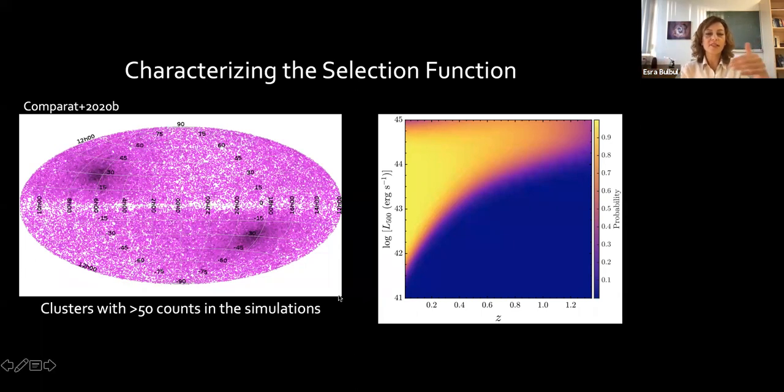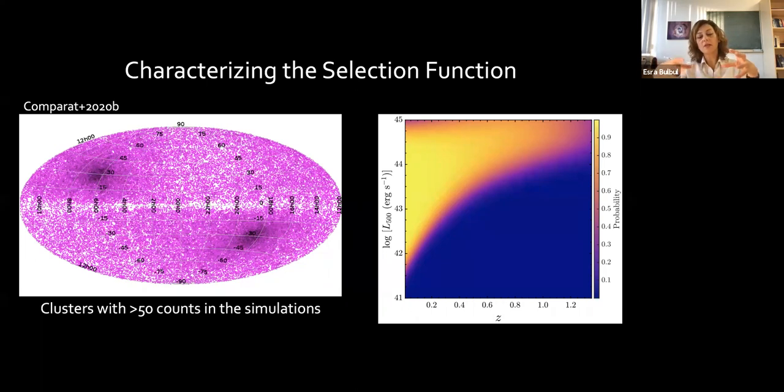For the construction of our selection function, we use state-of-the-art N-body simulations. We feed them with some embedded baryons to our simulator. So we simulate our entire eROSITA sky. We have the mock observations of all the objects that we expect to detect in the eROSITA all-sky survey. And these show you the source density of what we expect at the end of the eighth all-sky survey in our mock observations.